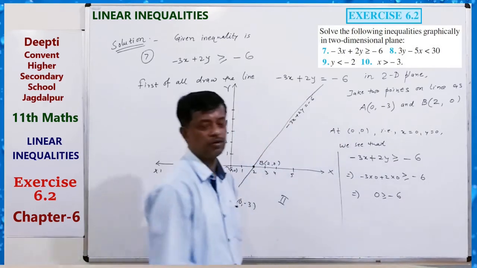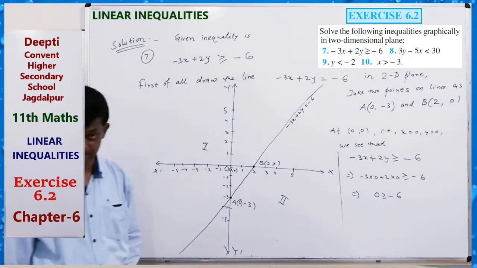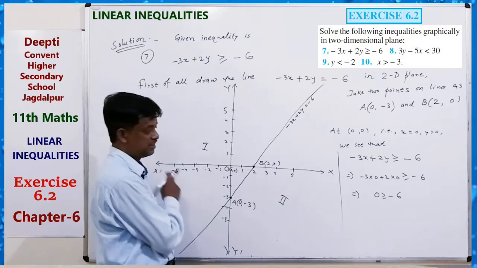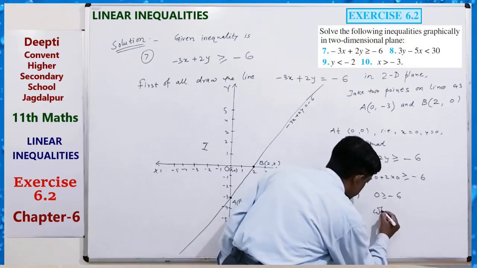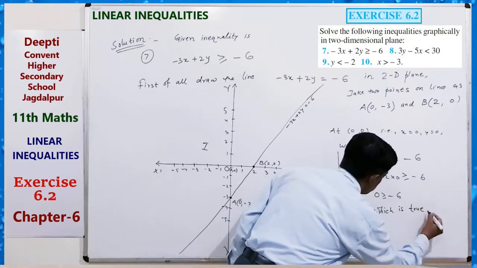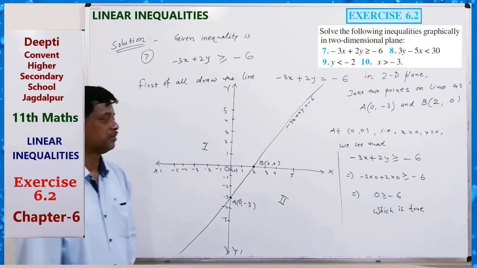Is this right or wrong? It is right, because 0 is greater than minus 6, which is true.